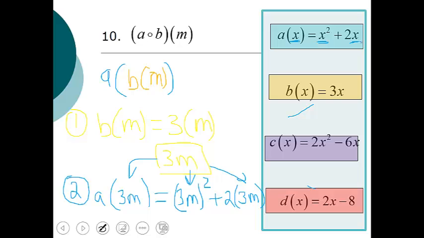So once you do that, now you have to simplify, distribute the squared. You got 9m squared plus 6m, and you are done. That is it.